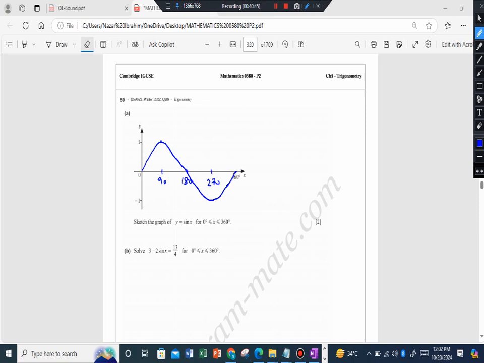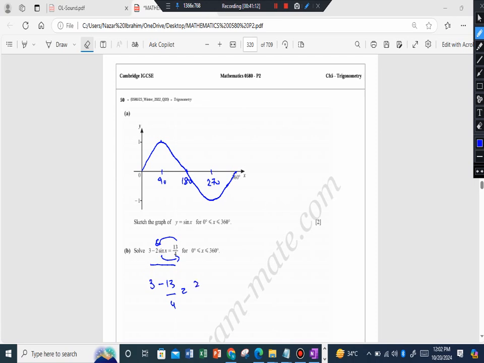Let's move further. Okay, 3 minus 2 sine x is equal to 13 upon 4. An equation. Let's first solve it. Since it's minus 2 sine x, let us move it to the right hand side. So 13 upon 4 comes over here, and minus 2 sine x over there, because we are always working so that the variable should be positive, right? So 3 minus 13 upon 4 is equal to 2 sine x.